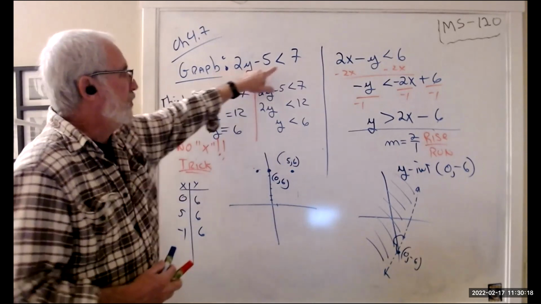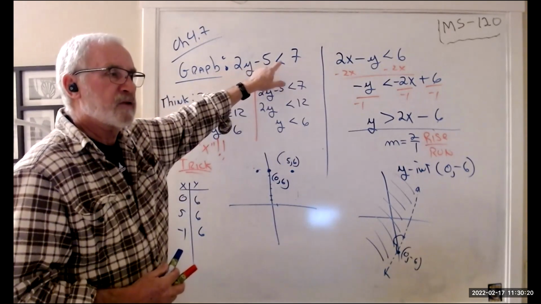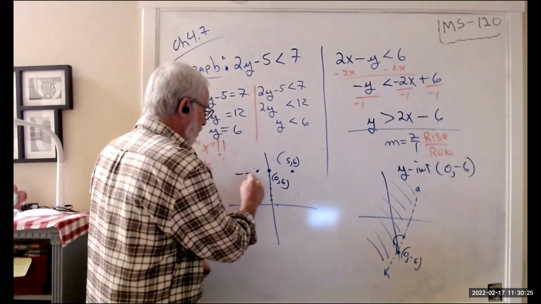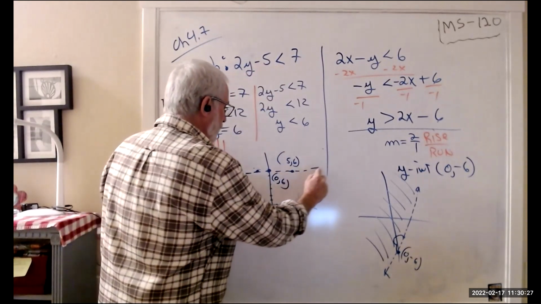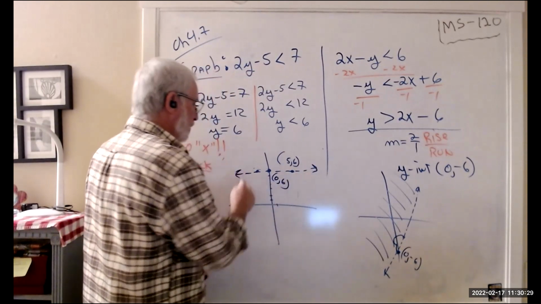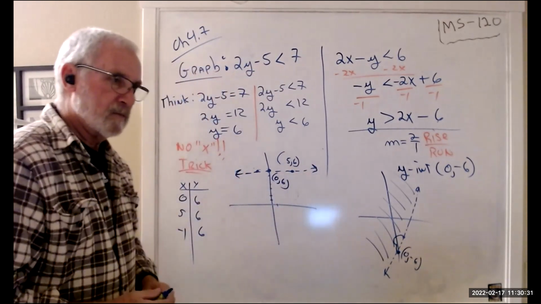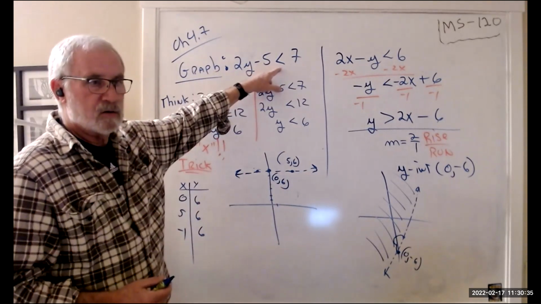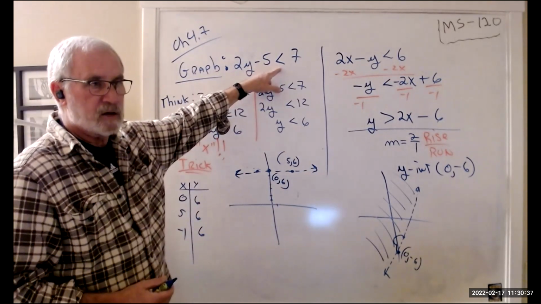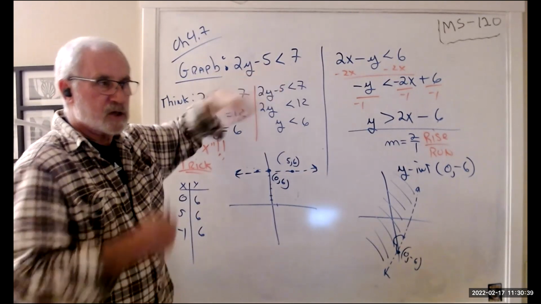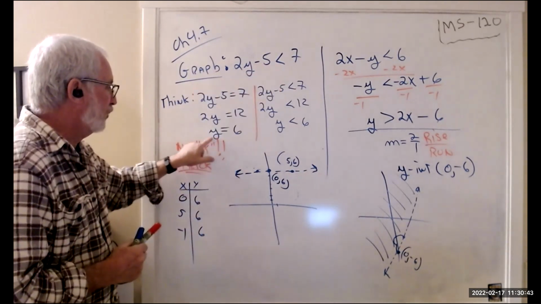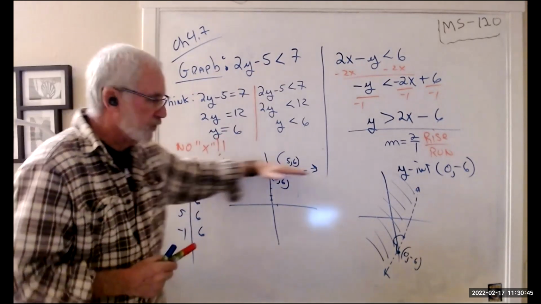But this is an inequality. It's a dotted horizontal line. And I have to shade. Several things come up. We went to the normal y equals 6 just to get a feeling for where the line is.